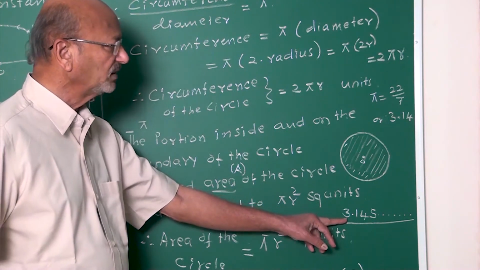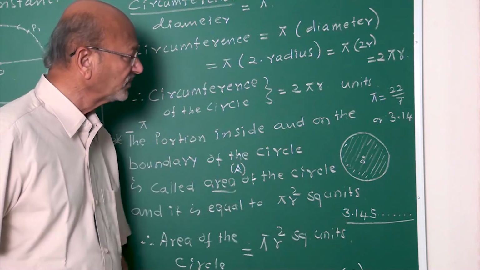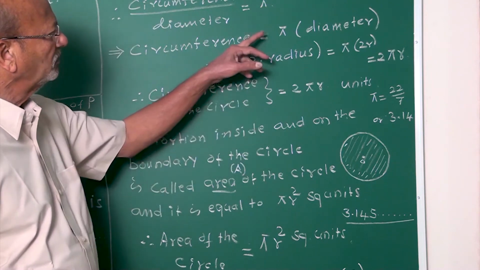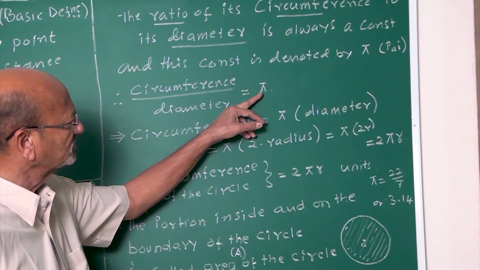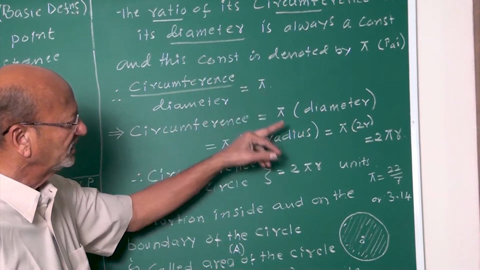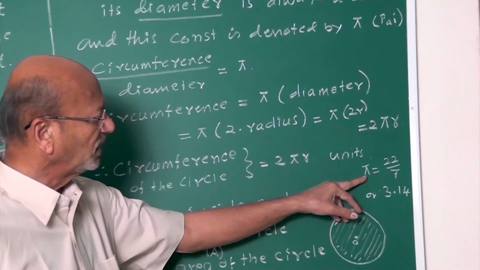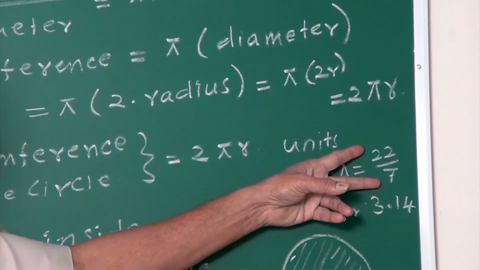This continuous number is denoted by the Greek letter pi. It is a fixed constant, an irrational number. Its approximate value is 22 by 7.